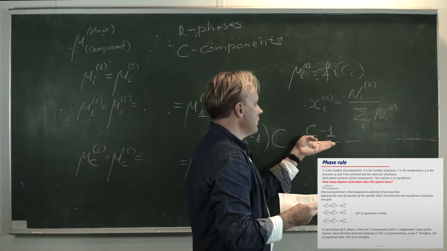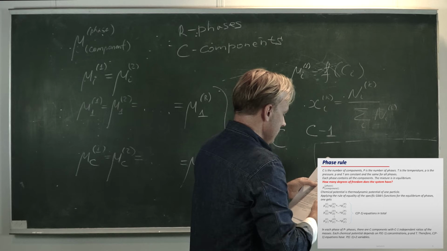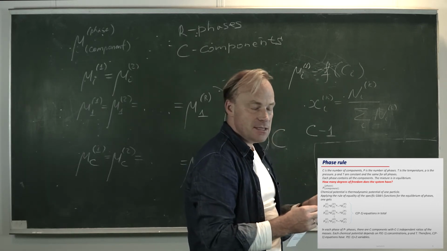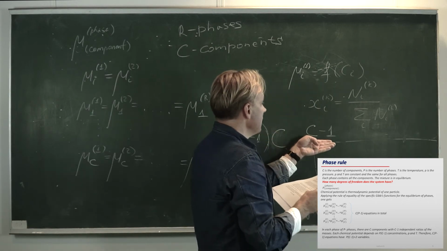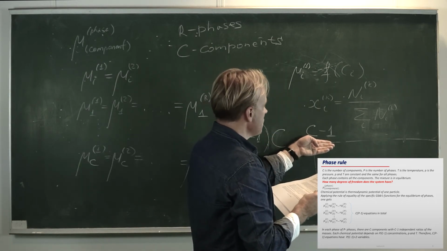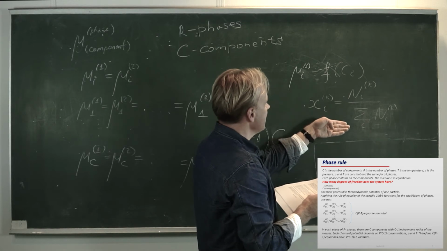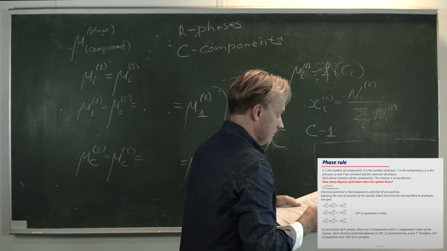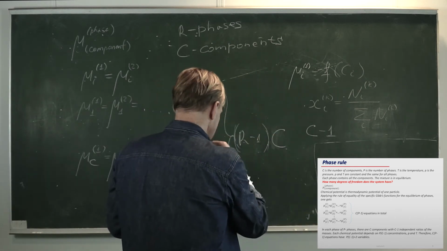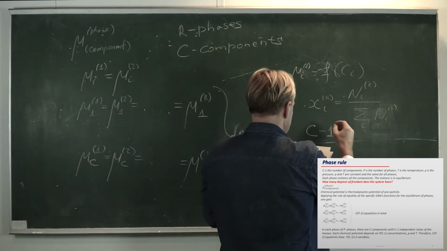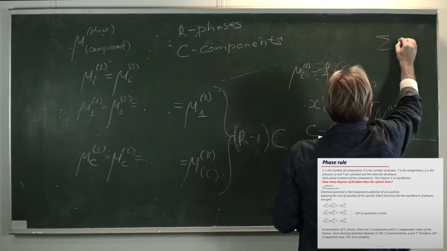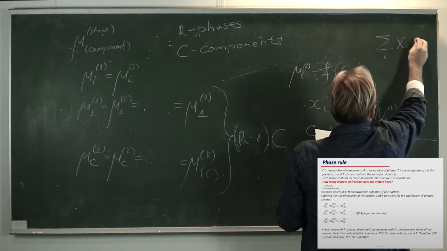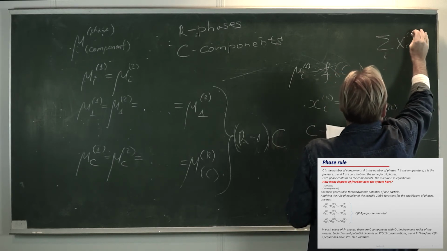Basically, it means that if you take a specific phase and know the concentrations of C minus 1 components, taking into account the fact that the total number of particles is fixed, you can calculate the last concentration.